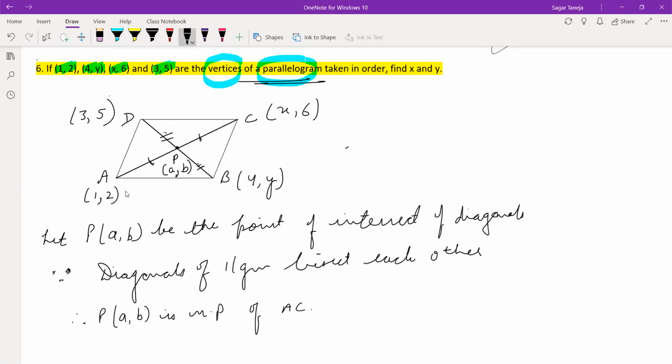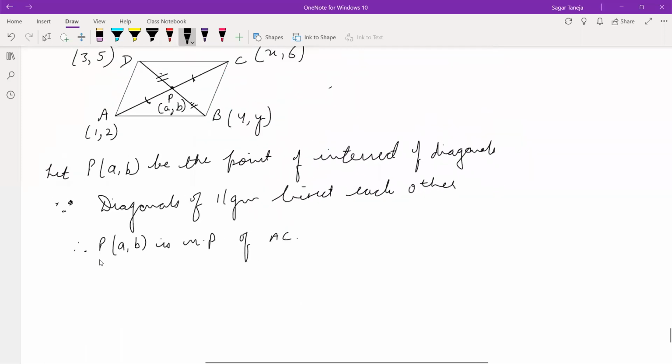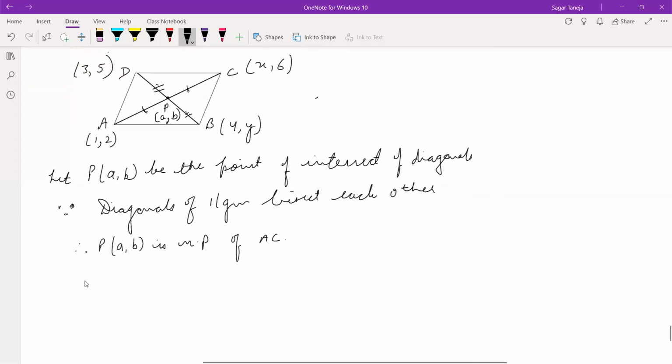If diagonals are bisecting each other in a parallelogram, it means P is the midpoint of AC and P is the midpoint of DB. So I'm writing first of all that P is the midpoint of AC. So how to calculate the coordinates of P? a is equal to (x1 plus x2) upon 2, and b is equal to (y1 plus y2) upon 2.